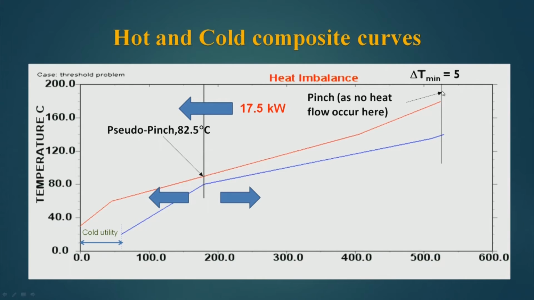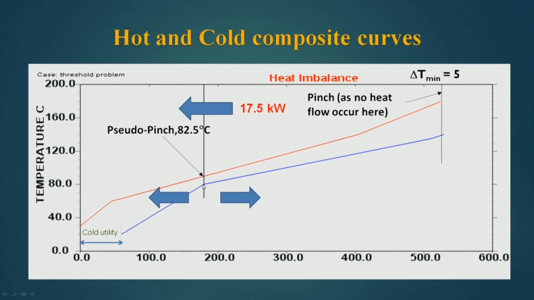Now, this part which is below the pinch, but above the pseudo pinch, will be called a hot end, and this is below the pseudo pinch, so this will be called a cold end. So, the rules of pinch design for hot end will be applicable to this area and cold end will be applicable to this area.